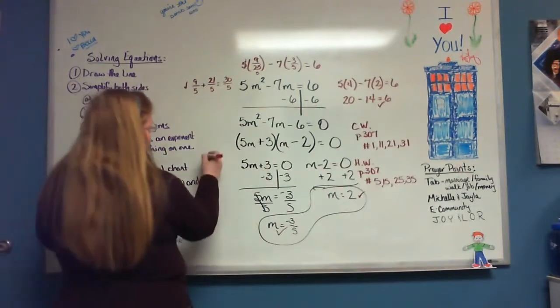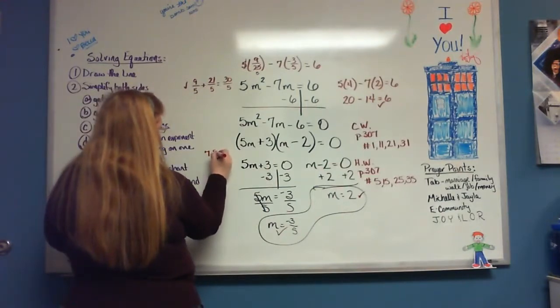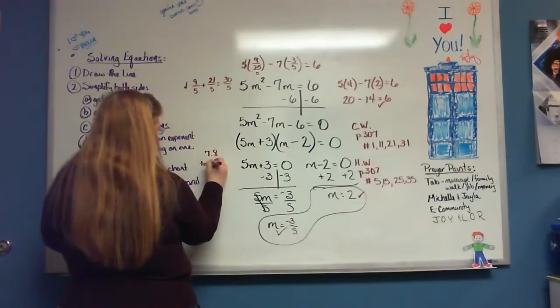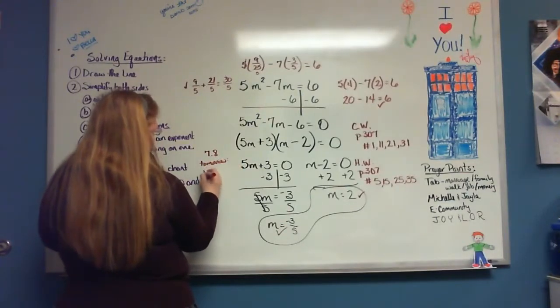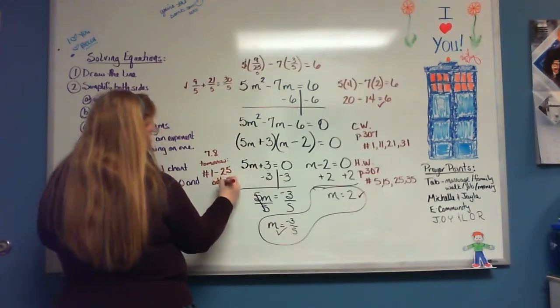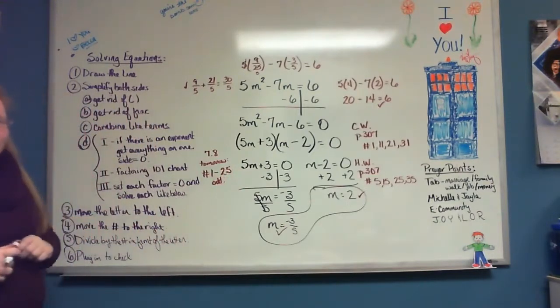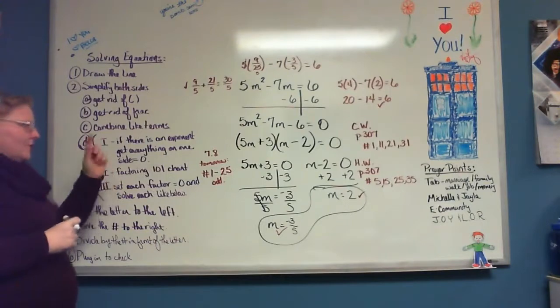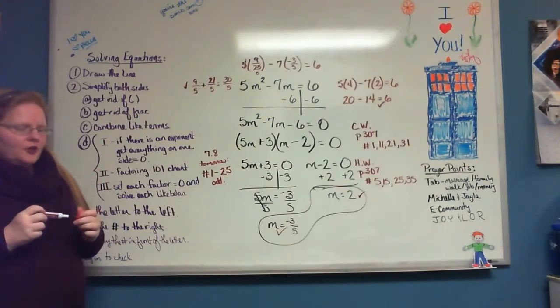So when you do section 7.8, you're going to be doing numbers 1 through 25 odd. There is no video to go with 7.8 because you've learned it all in the Factoring 101 chart.